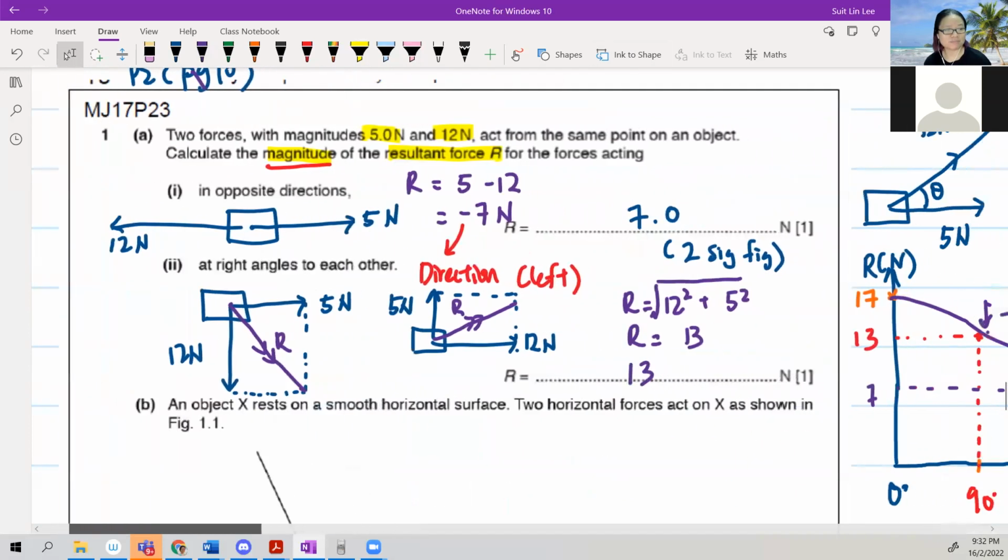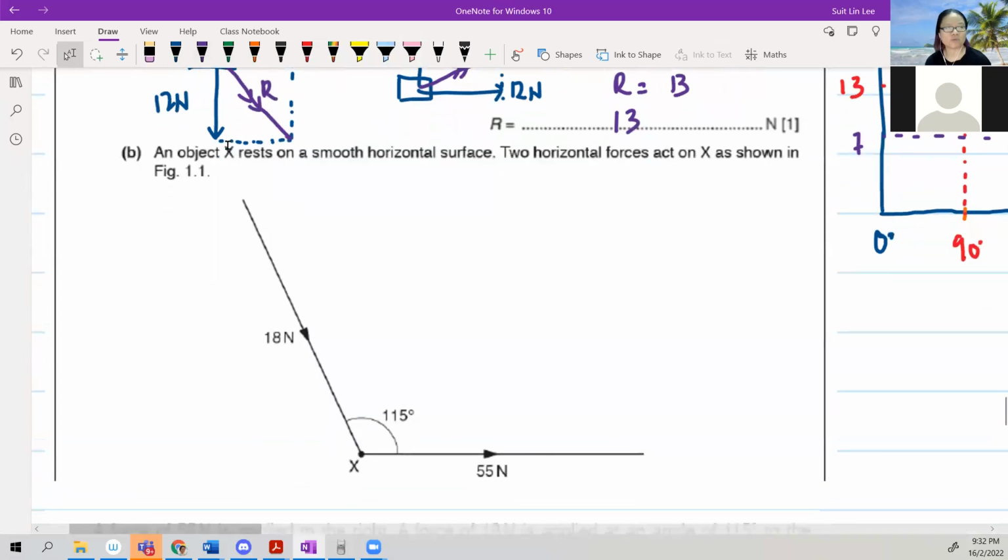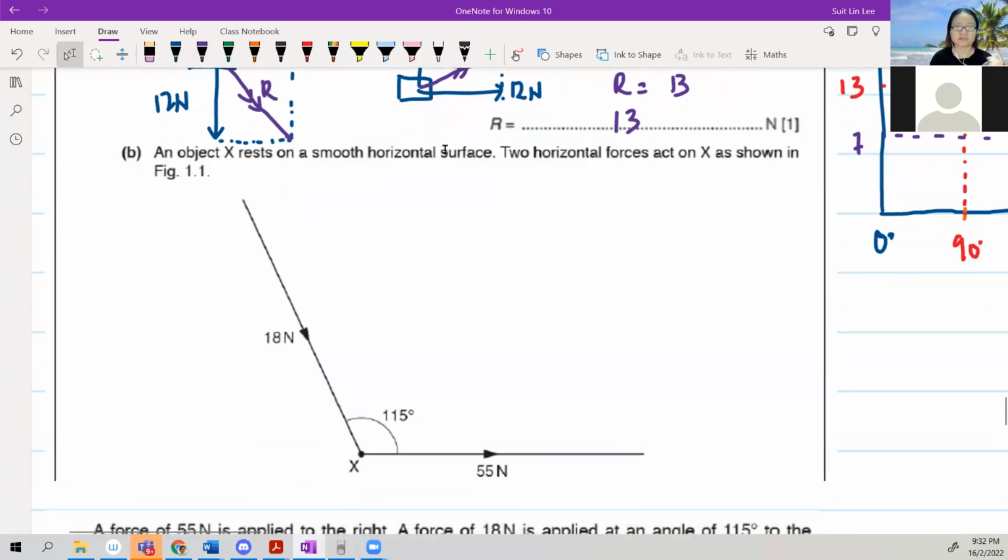So for part B, now we have an object X rests on a smooth horizontal surface, and two horizontal forces act on X as shown. So this X, or this poor X, is being pushed in this direction by 18 Newton, and then being pulled in this direction by 55 Newton. Okay, obviously the length of the arrow is not drawn to scale.